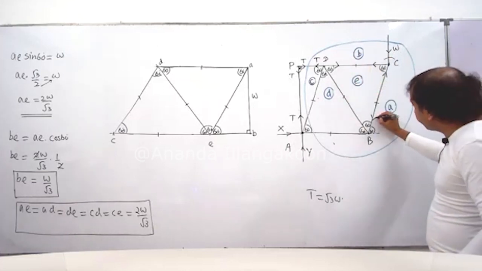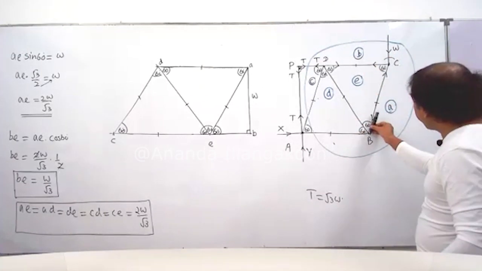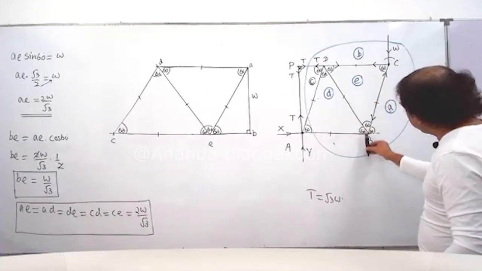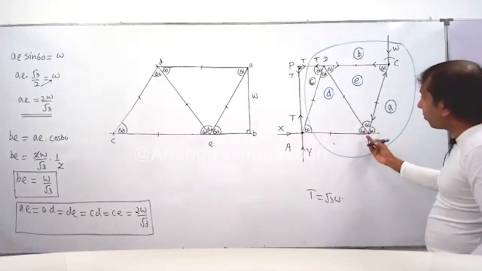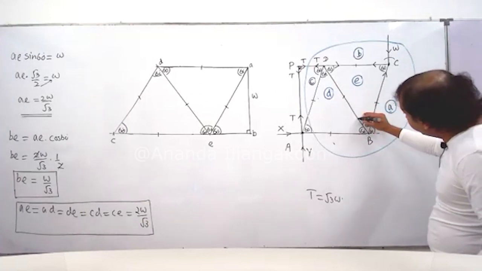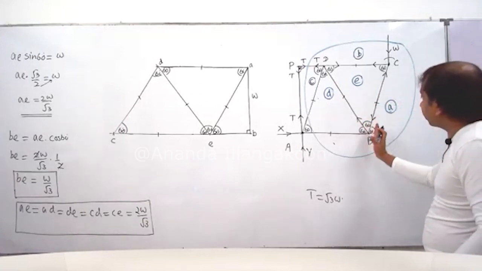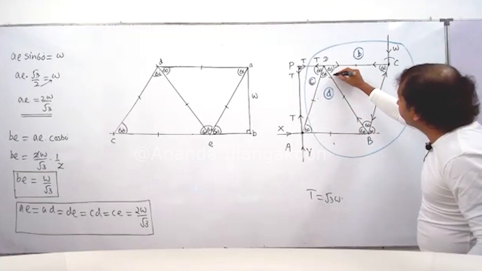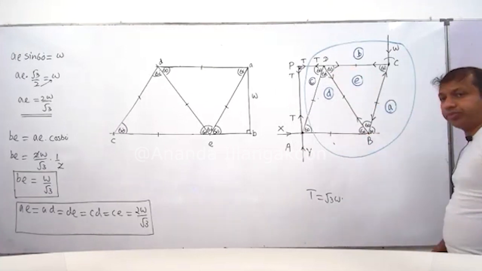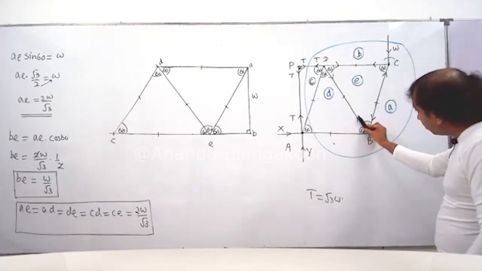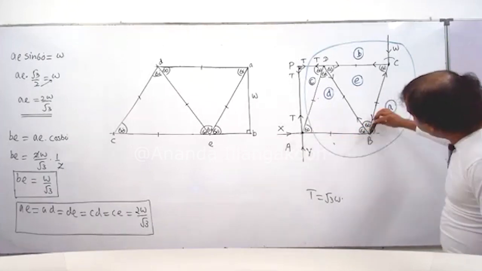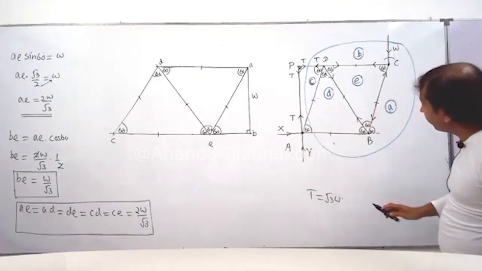People, now this force will give a vertically downward component to balance that upward component needed. Then this is the force which gives an upward component this way, other end this. This is the tension. This force will give a leftward component this way. This also gives a leftward component this way.